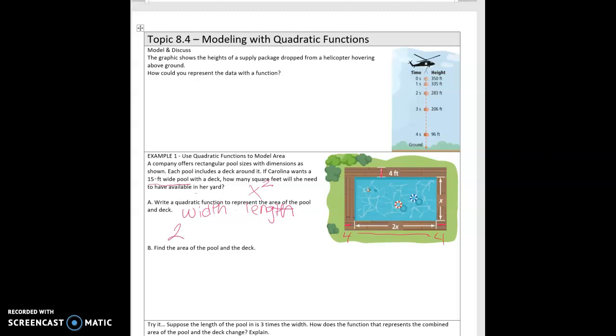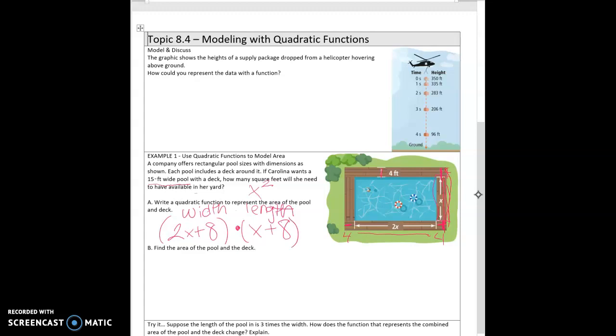And then the length is your x right here. We already accounted for this 4, so we're just going to account for this 4 right here. So we have x plus 8 as well. Sorry, we are going to include that one because we want the whole length.